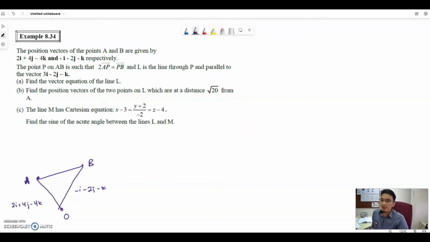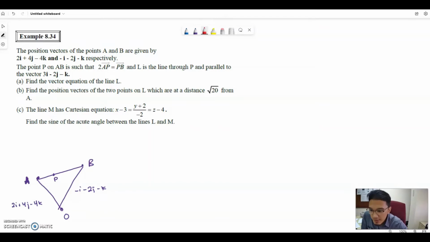The question says the point P on AB is such that 2AP is equal to PB. So P is right here, maybe, from A to P, 2AP is equal to 1 PB, and L is the line through P and parallel to the vector 3i minus 2j minus k.